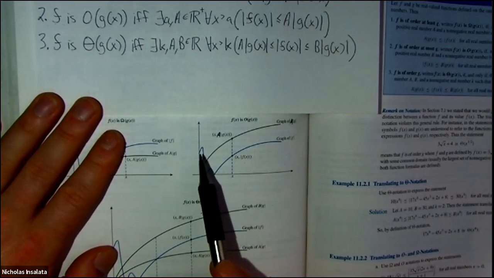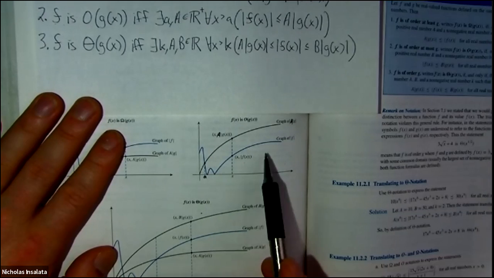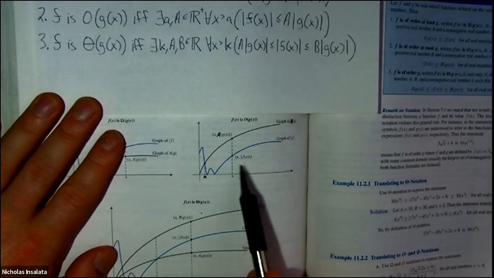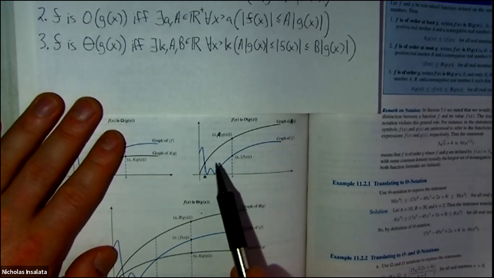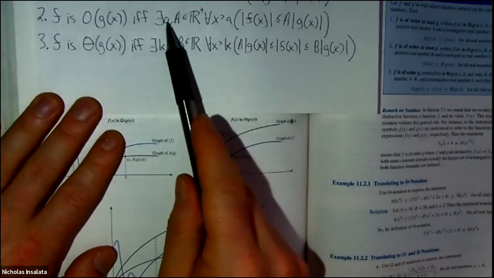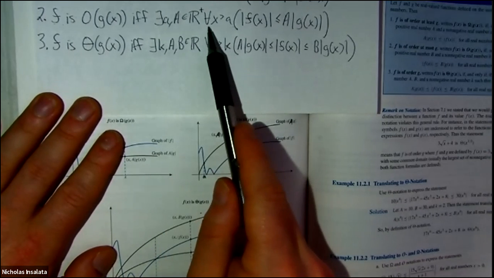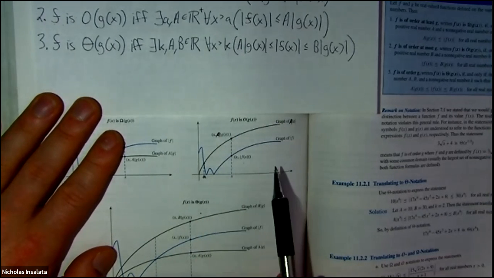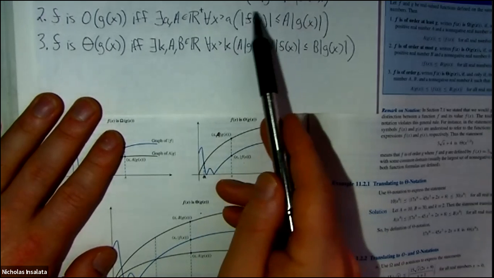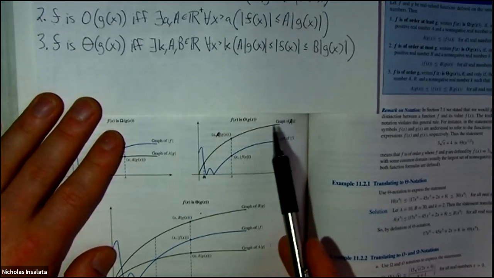Before a, the blue line is on top. But after a, forever, all the way out to infinity, from then on, the black line is always going to be on top of the blue line. So we're saying there exists some point such that for all x's past that point, all x's greater than a, so past that point going toward the right, the function f is going to be less than the function g. So the blue line is going to be underneath the black line.